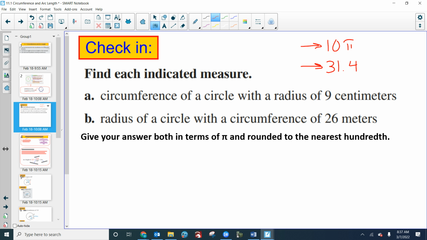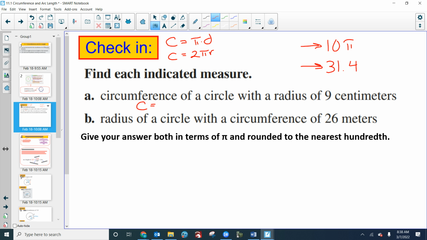So part A, find the circumference of a circle with a radius of 9 centimeters. Well, let's plug it into our formula. C equals, it's either pi d, pi times d, or isn't a d 2 r's? Isn't one diameter 2 radii? So the other formula is 2 pi r.